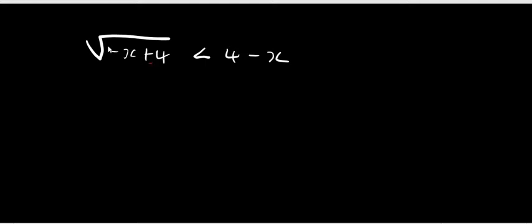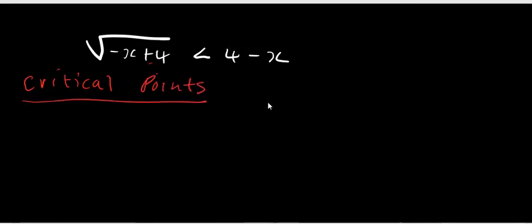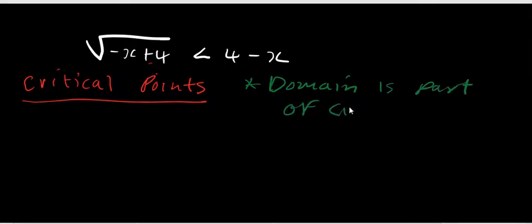So from here, since this is just one expression, you're now going to look for the critical points. All right, so how can you look for the critical point? When you look for the critical point, you need to understand that the domain is part of the critical point.